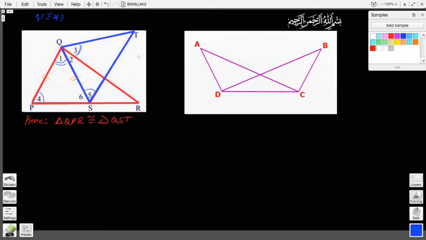Part of the challenge is just seeing what we have to prove here. If you didn't have those triangles distinct in your mind, it would be hard to go about this proof. So the first thing is you have to really know which triangles you are dealing with.